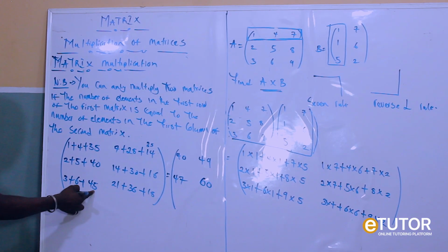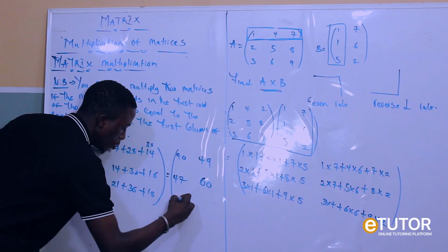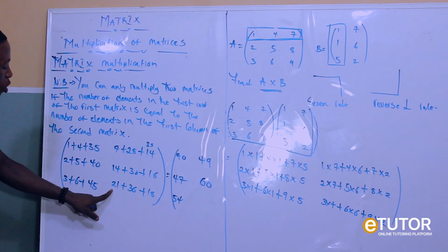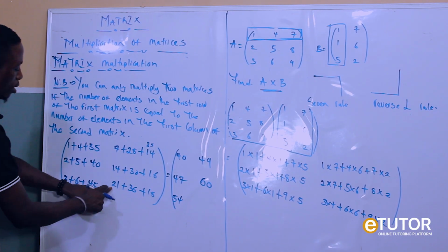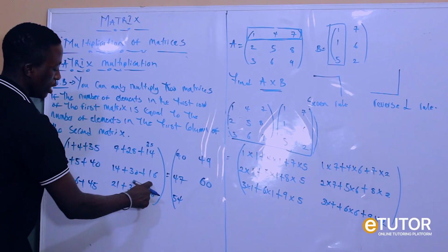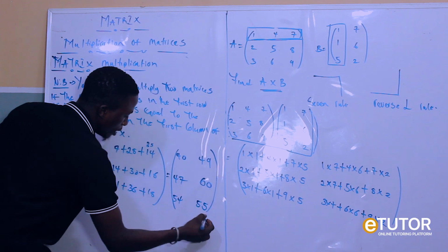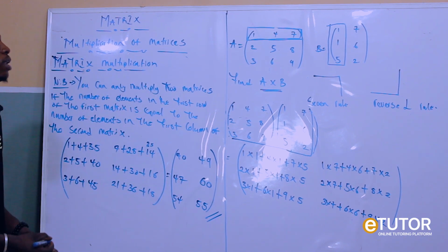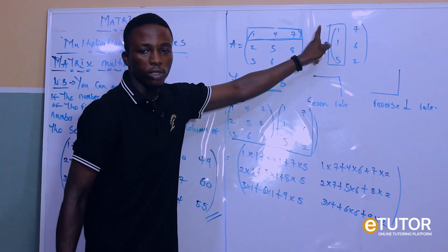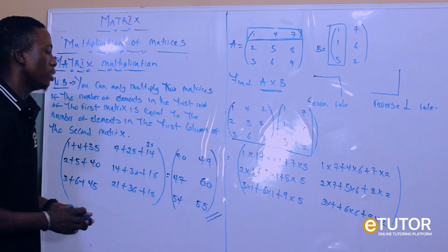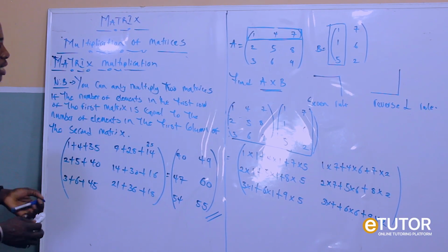And 9 plus 45 gives 54. 21 plus 36 gives 57. 57 plus 18 gives 75. So this is the result of multiplying your matrix A with your matrix B.